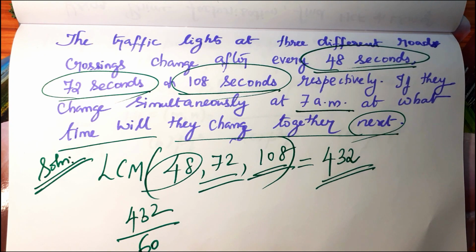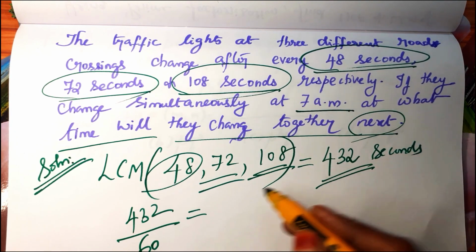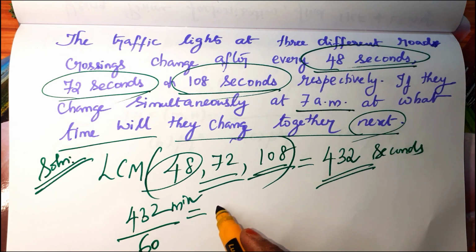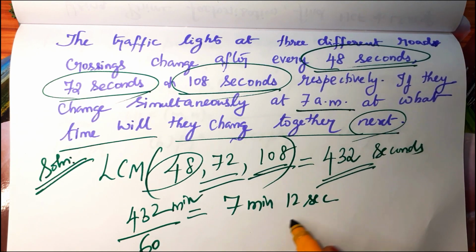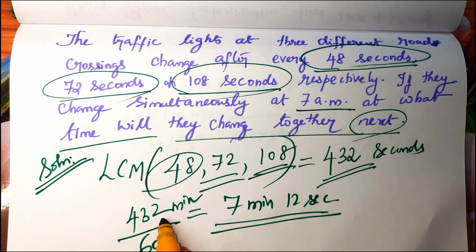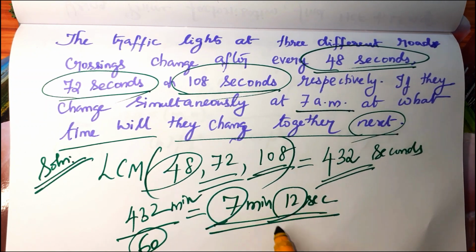432 seconds, we are converting that to minutes. If you are converting seconds to minutes, we have to divide by 60. So 432 by 60 is equal to 7 minutes and 12 seconds. This also you check. When you divide 432 by 60, you have to get the quotient as 7 and the remainder as 12.